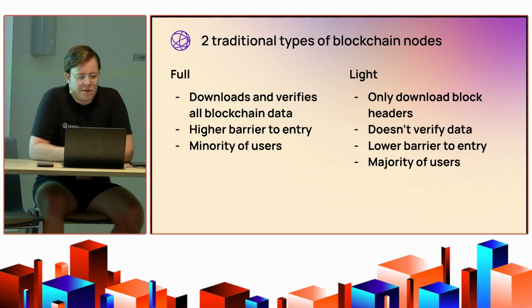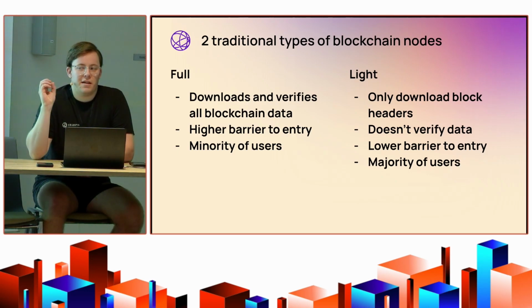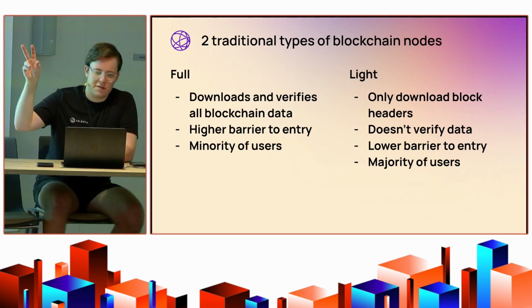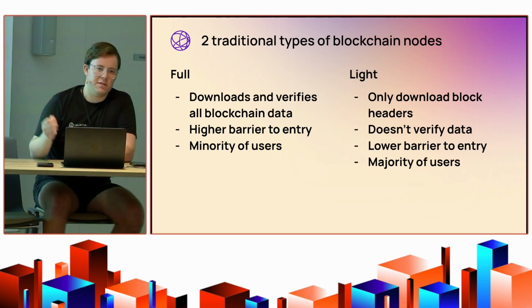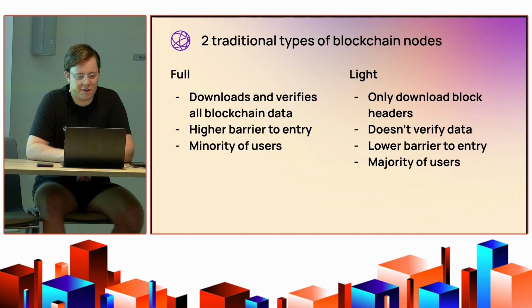And what this causes is a minority of users being able to verify the chain. You end up trusting something like a centralized RPC provider to say, hey, I want to check my wallet balance. Could you please tell me what my wallet balance is? And you just get that response and you trust it. But there's no way to verify that that's actually correct, except for trusting the block producer or the chain, the validators. And a light node only downloads block headers.